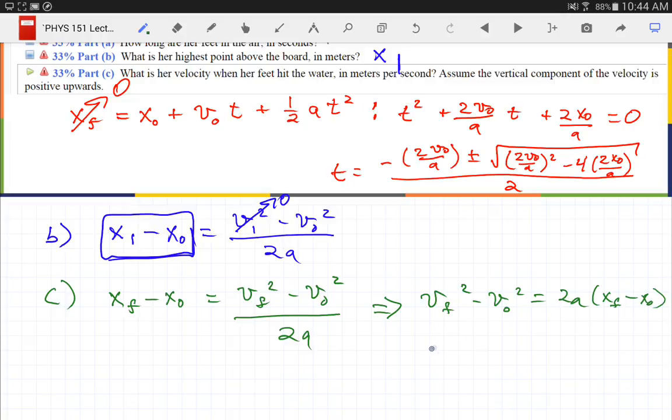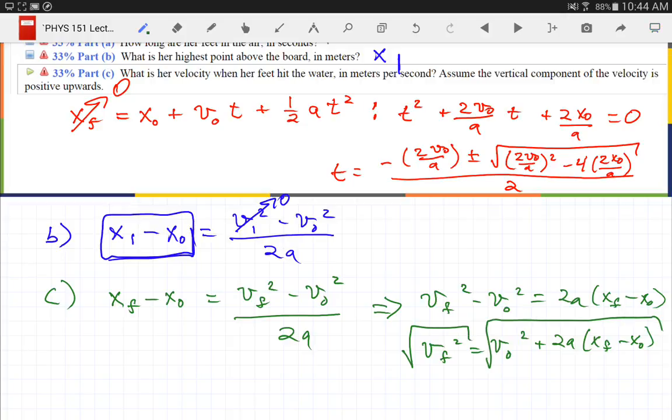Move the v initial squared across. And then I finally just square root everything. Notice you square root everything. You can't just make this, oh, it's v0 plus the square root of. You have to square root the whole thing.